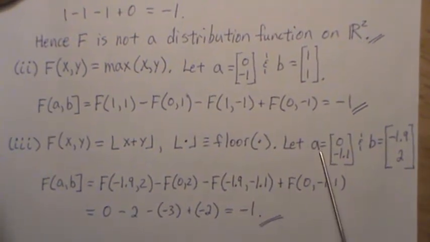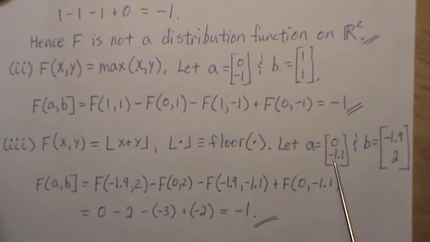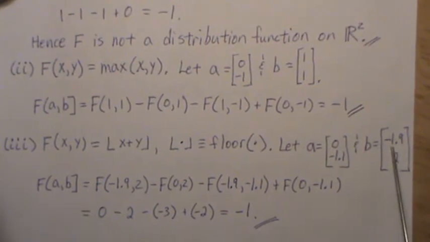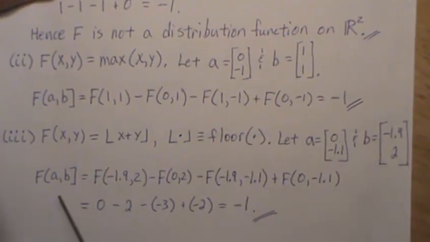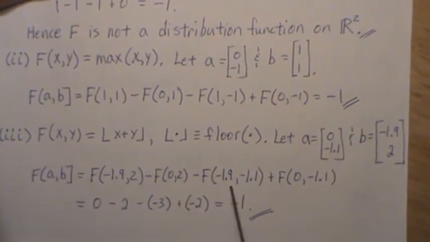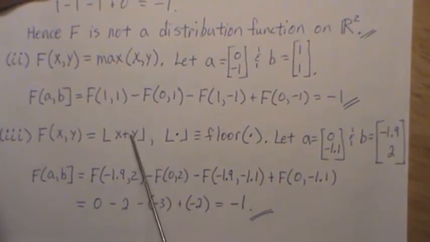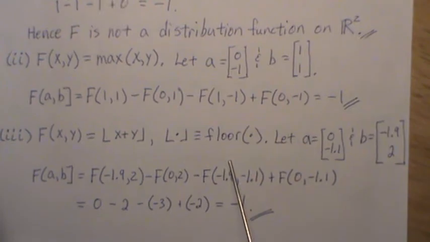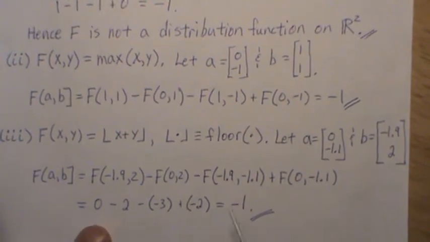So if we let the points be a equal to 0, minus 1.1, and b equal to minus 1.9, 2, then for the measure, of course, we plug in the right values, and then we calculate the floor of each, and it's minus 1. So this is not an increasing function in two space, even though the floor function is a distribution function in one space.